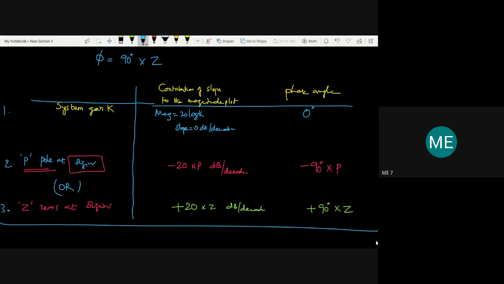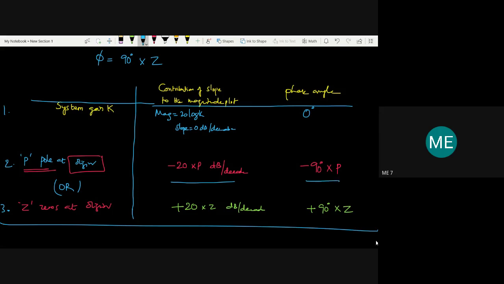So the initial Bode plot is constructed based on this. The magnitude plot for p number of poles at origin gives a line with slope of minus 20 into p dB per decade, and similarly for the phase angle.